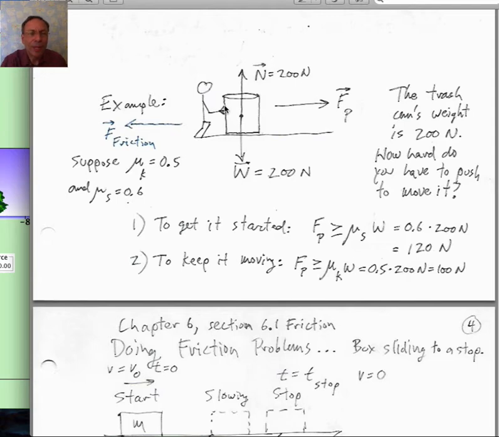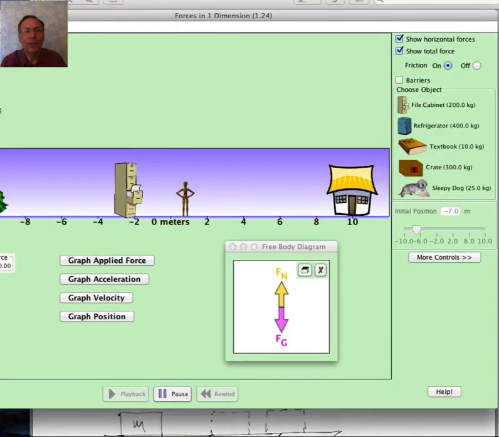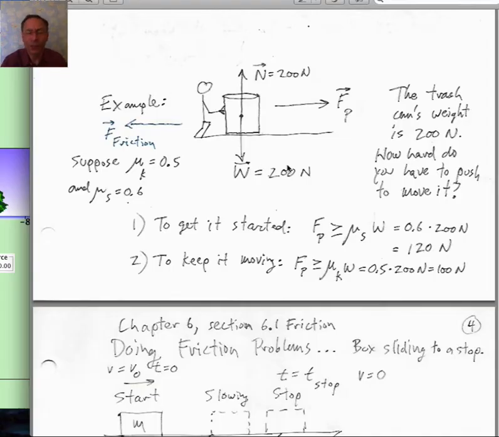It's phet.colorado.edu, or just Google Physics Simulations, University of Colorado. I think it'd be worth your while to play with this forces in one dimension simulation. You would learn a lot.